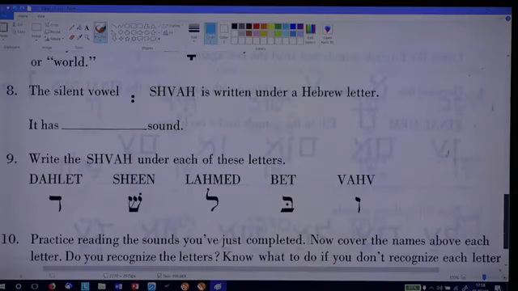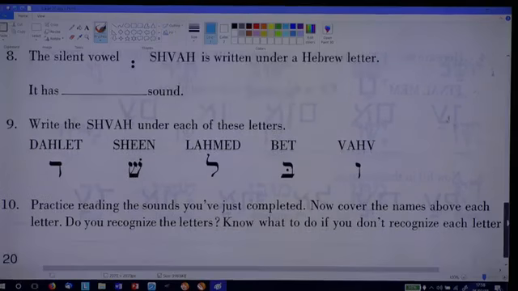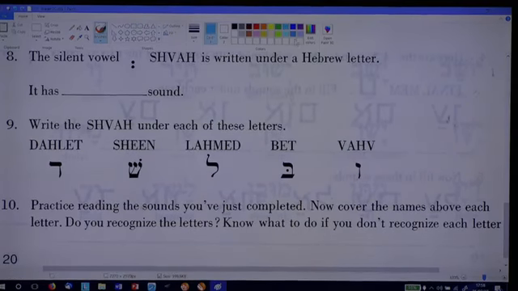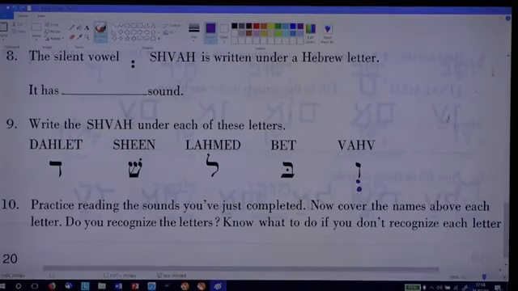We go down here to using the Shva on line 9. If I put the Shva, let's use purple. There, this is pronounced Ve.